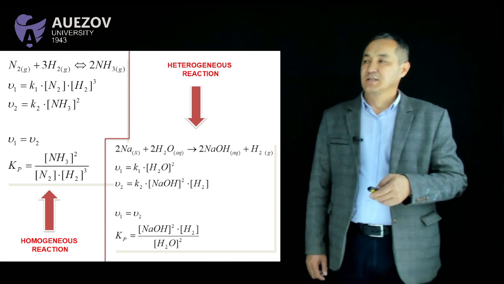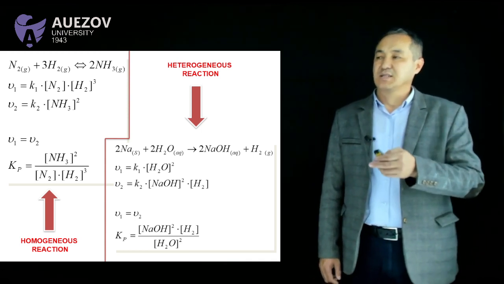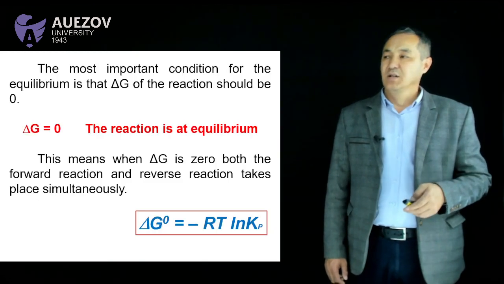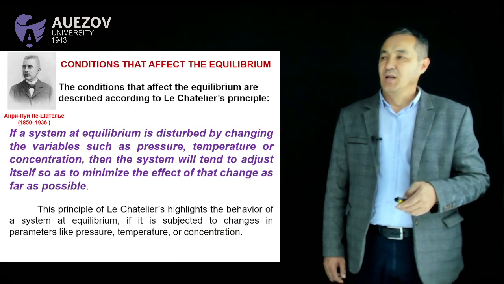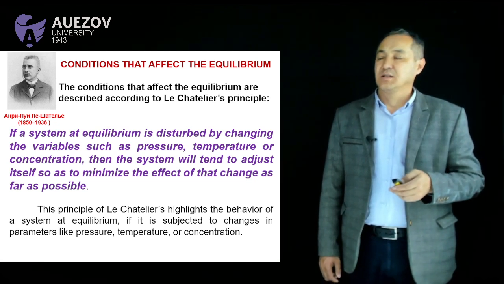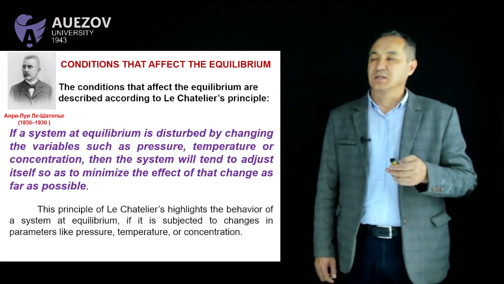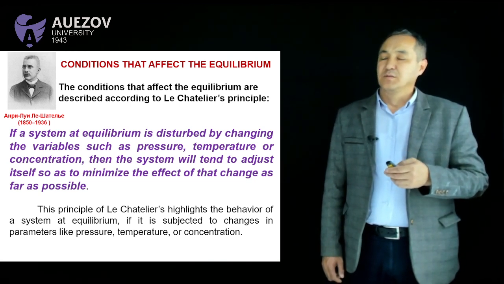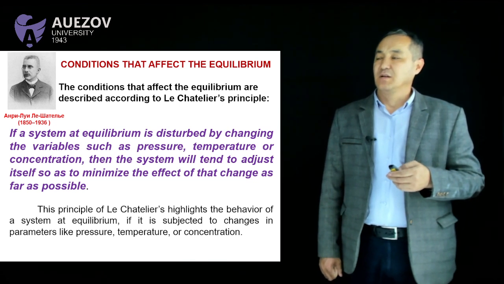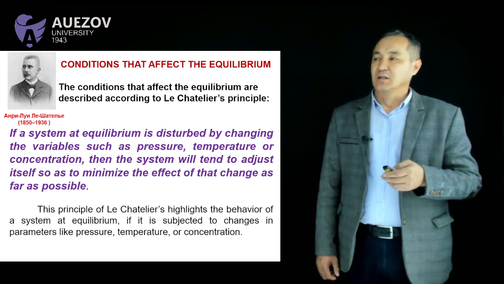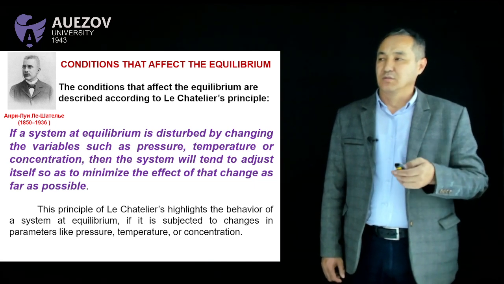On the next slide we can see examples of heterogeneous and homogeneous reactions, and for characterizing equilibrium. In 1850, Le Chatelier formulated Le Chatelier's principle.